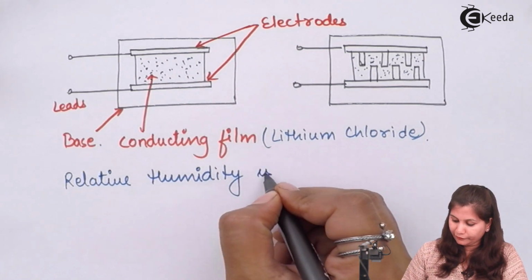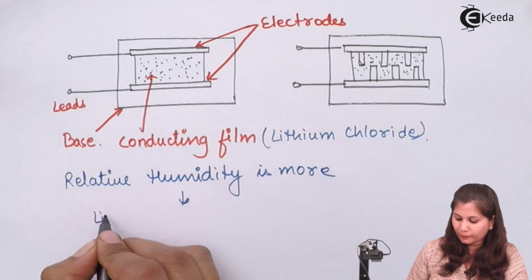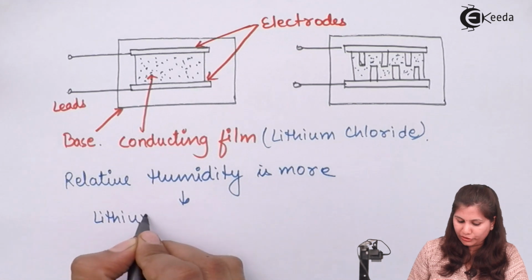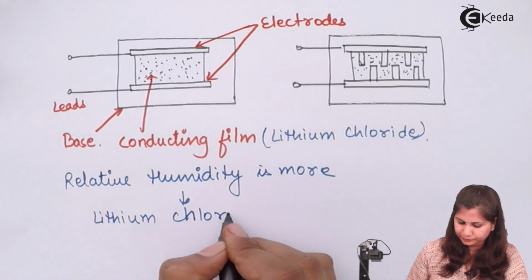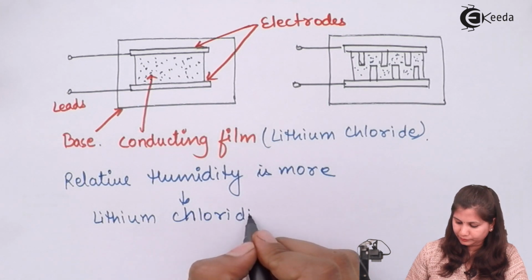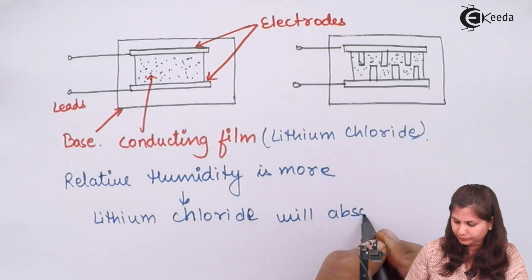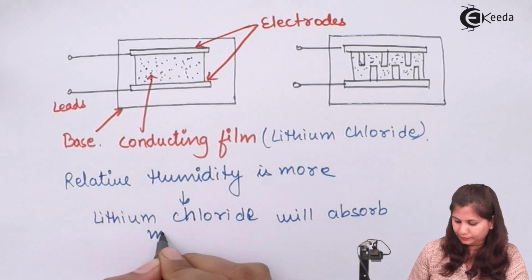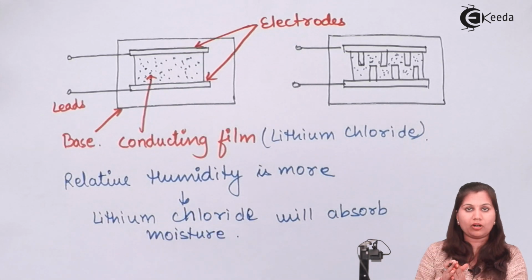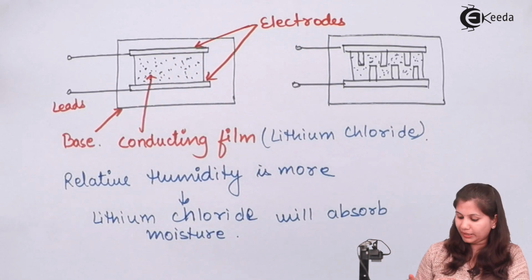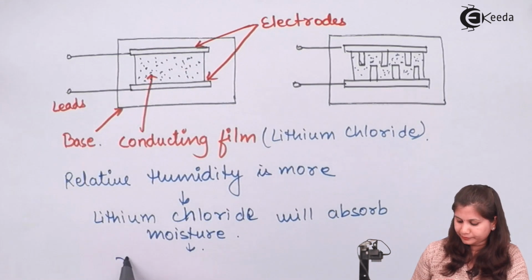So lithium chloride is going to absorb more moisture, and because water content is being absorbed, its resistance is going to decrease.